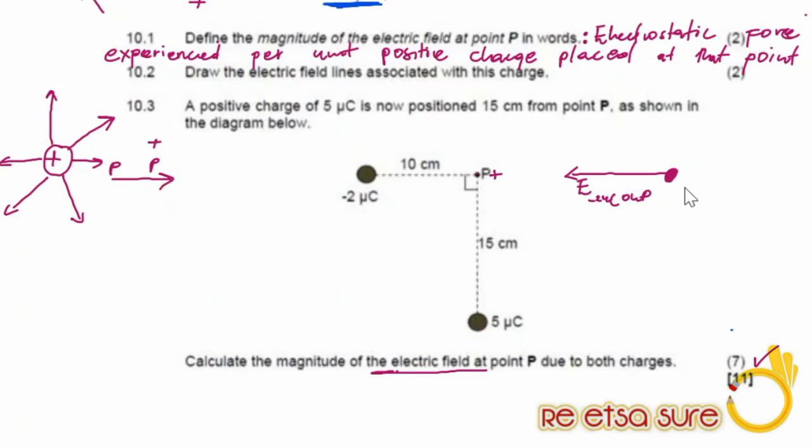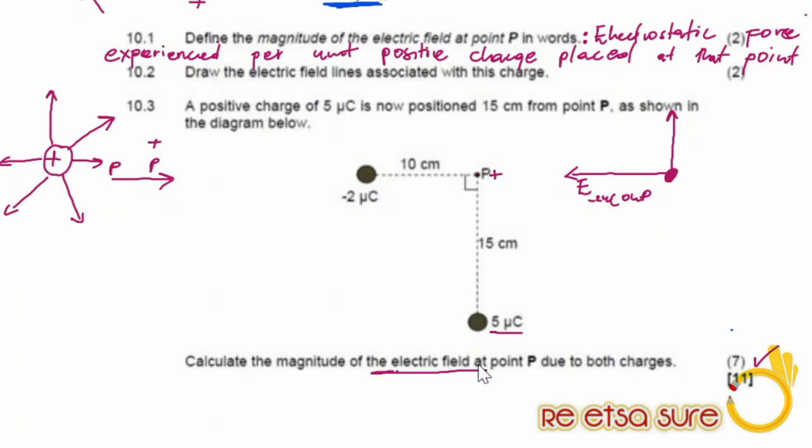Yes. One other thing, my beautiful learners, we come to this side. This charge is positive, positive 5 microcoulomb. Is it going to pull P, or is it going to push it away? Yes, it's going to push it away. Why are we saying that? Because the force that exists between these two charges is a force of repulsion.